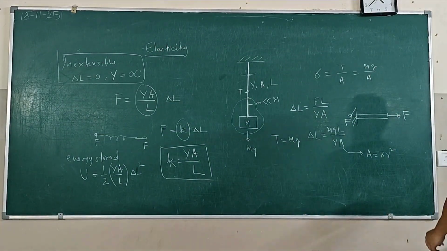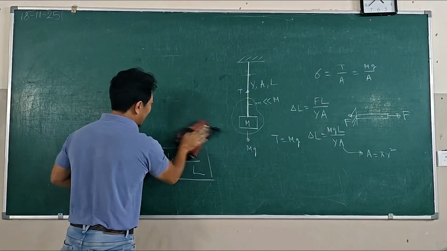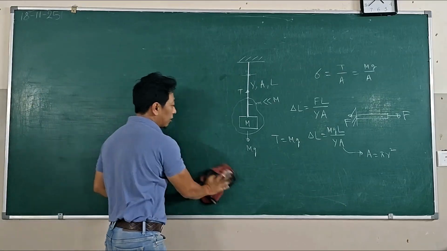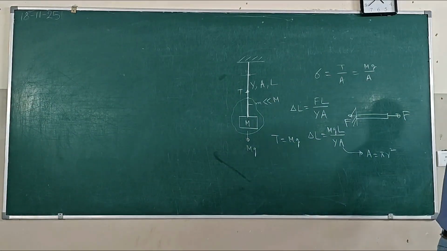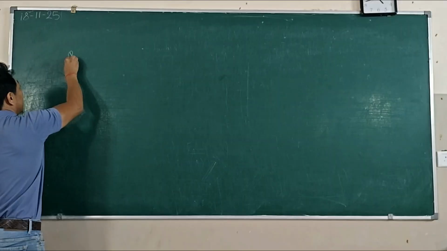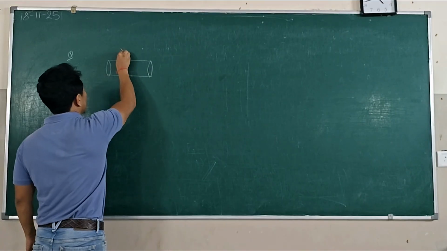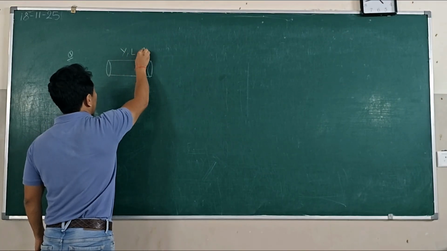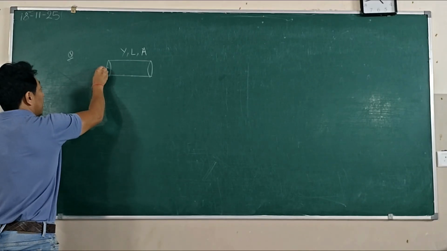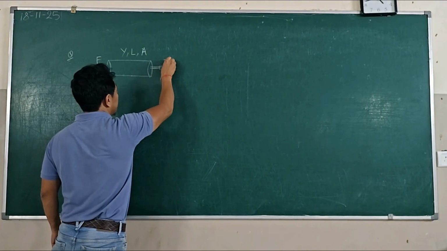Now life is not always easy. Sometimes it will be more challenging. So let us now discuss what will happen if tension changes from point to point. Here is a cylindrical rod, Young's modulus Y, original length L, area of cross section A. Here I apply force F, here I apply force 3F.